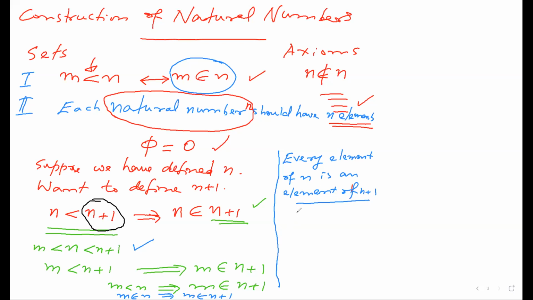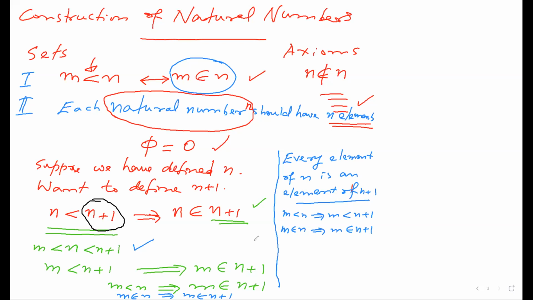That's why this is. So let me write this down. M less than n implies m less than n plus 1. So m contained in n implies m contained in n plus 1. That's what I wrote down. Clear?